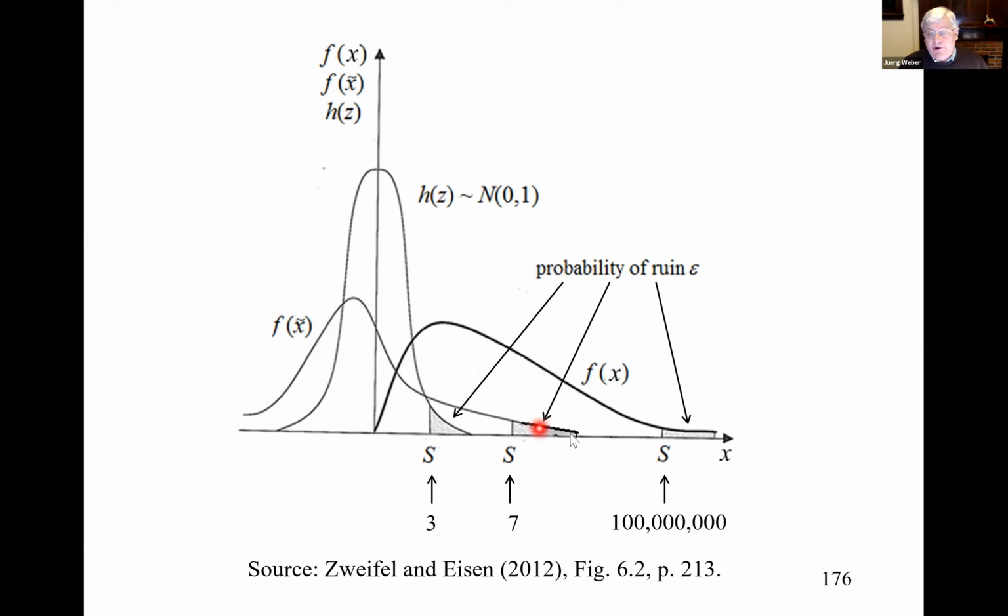It still has a positive skew. It has mean 0 and standard deviation 1, but it still is positively skewed. Then in the second step, we transform x tilde into the random variable z, which again has 0 mean, standard deviation 1, but is also normally distributed. And that's this random variable here.